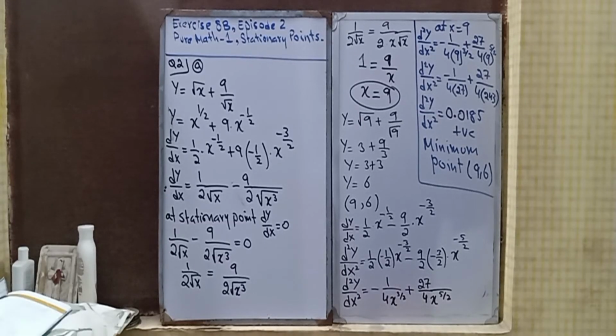If the answer of the second derivative is positive, that means it is the minimum point. So this is how you will do question number 2 of exercise 8B, episode number 2, of the Pure Mathematics 1 coursebook. I hope this question is clear to you. So let's go to the next question.